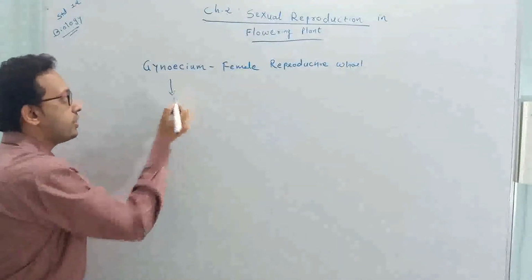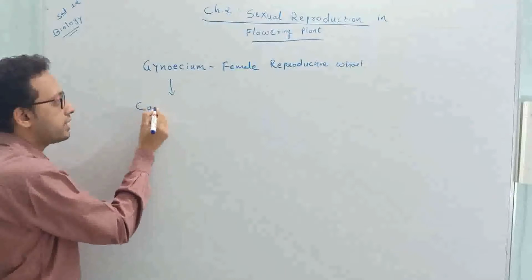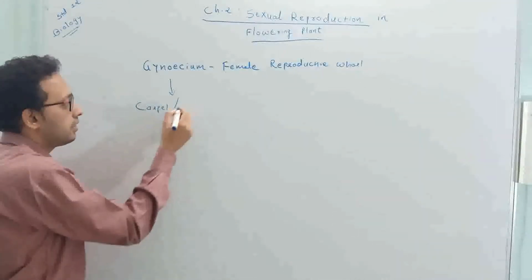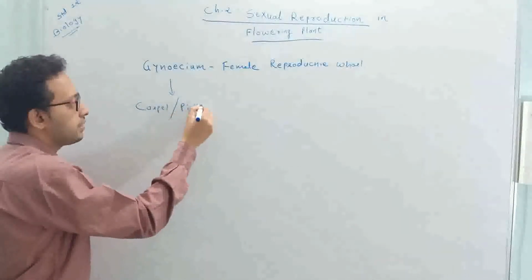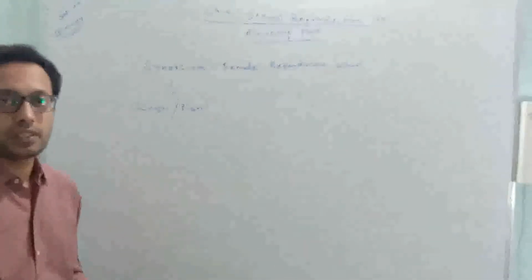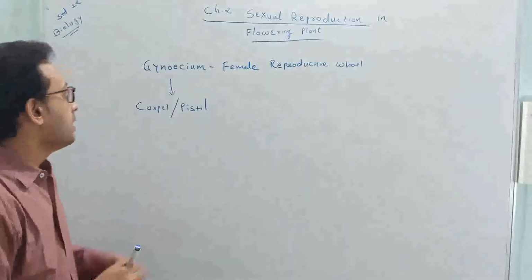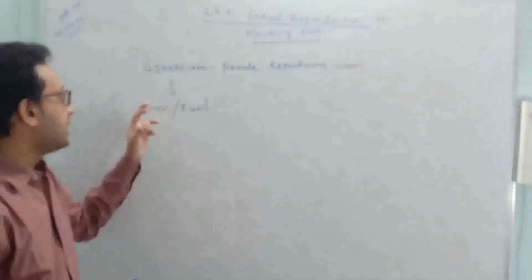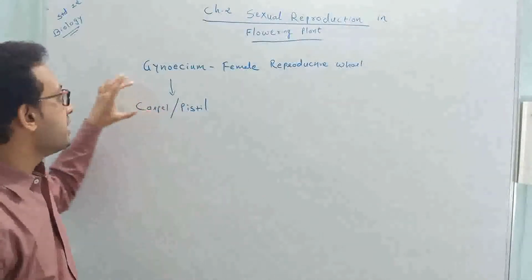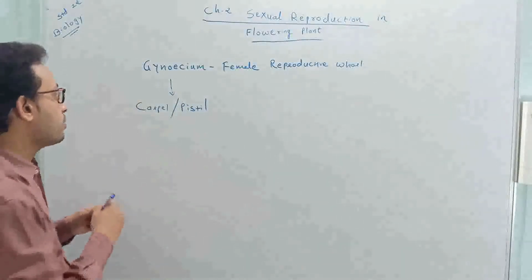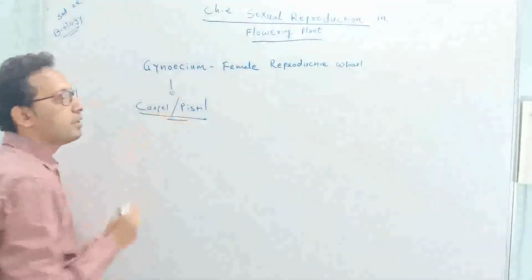The individual unit of gynoecium can be called as carpel, or it may be called as pistil. What is the individual unit of gynoecium? The individual unit of gynoecium is called as carpel or pistil.